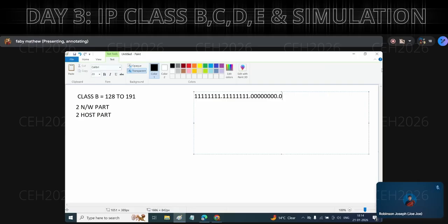If there is a default bit on in a particular class, we cannot turn off those bits, but we can increase the bits in the host part section. So if two network parts are provided in class B, then the two octets are on by default.